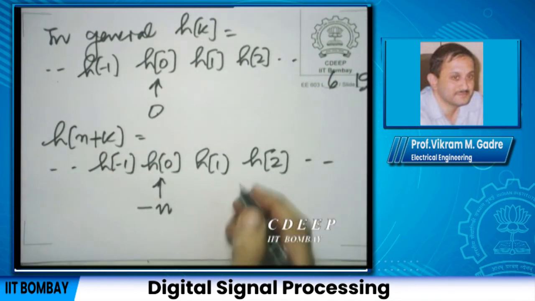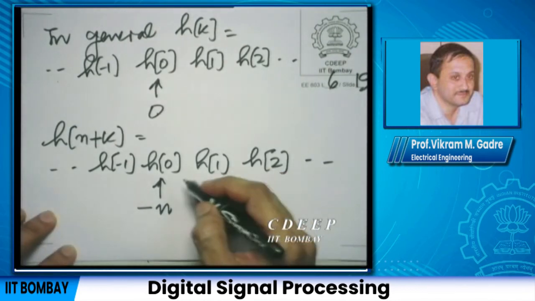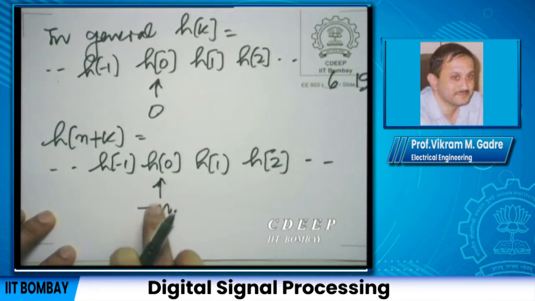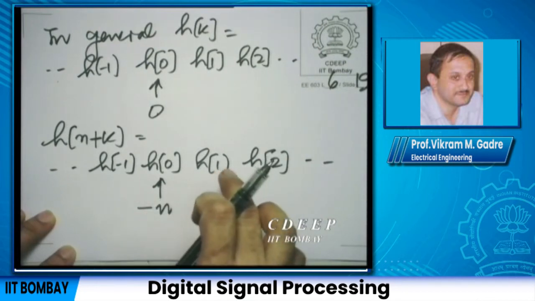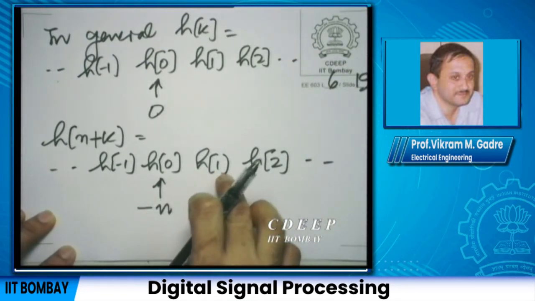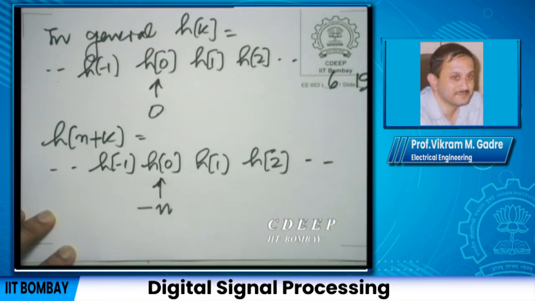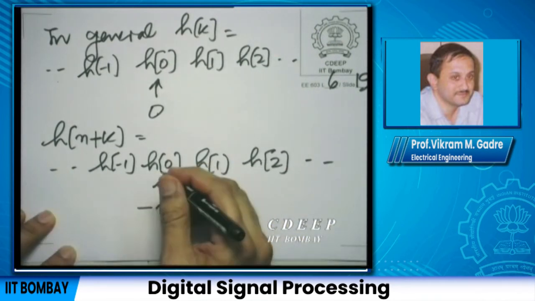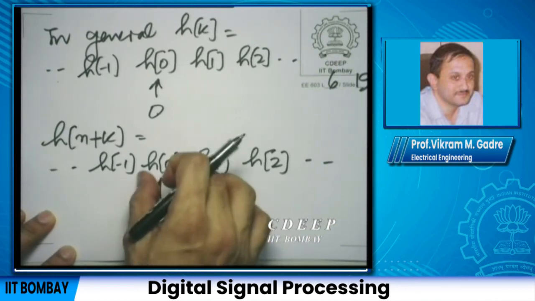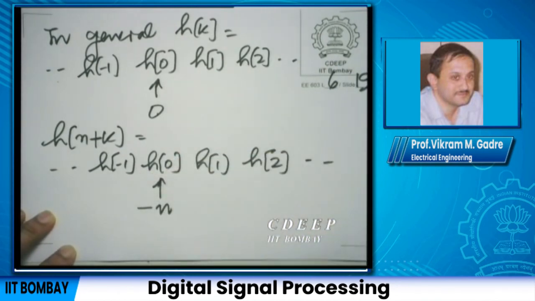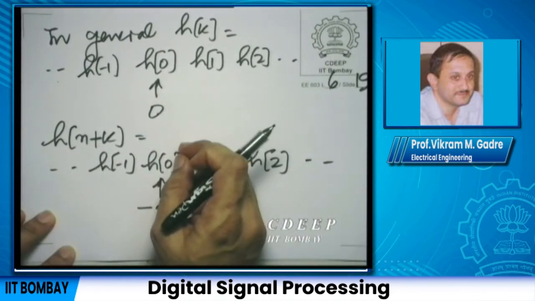and this can go on, and then reflection. Now when you reflect, minus n goes to plus n. h of 1, which appears here after minus n, will now appear before plus n. So what you do is move this to the point n and then switch or mirror all the points around that point n.